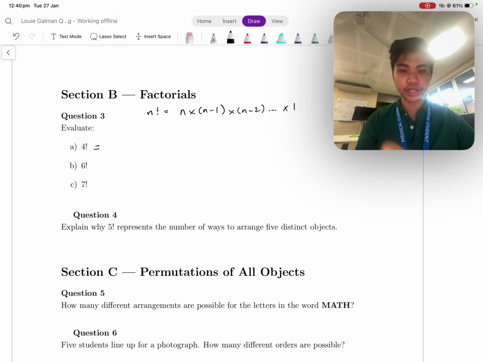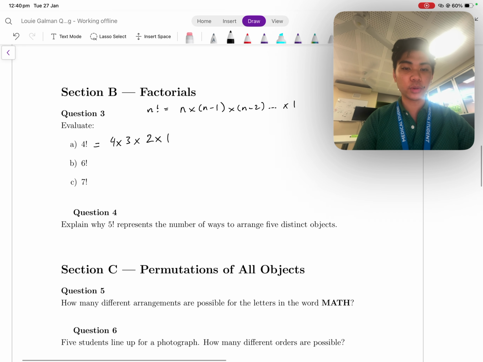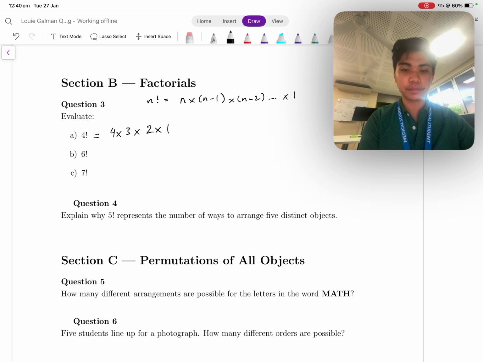So for example, 4 factorial, we do 4 times 4 minus 1, which is 3, times 4 minus 2, which is 2. We keep going down, so 4, 3, 2, 1, and we multiply those numbers through. So that's 12 times 2, which is 24.